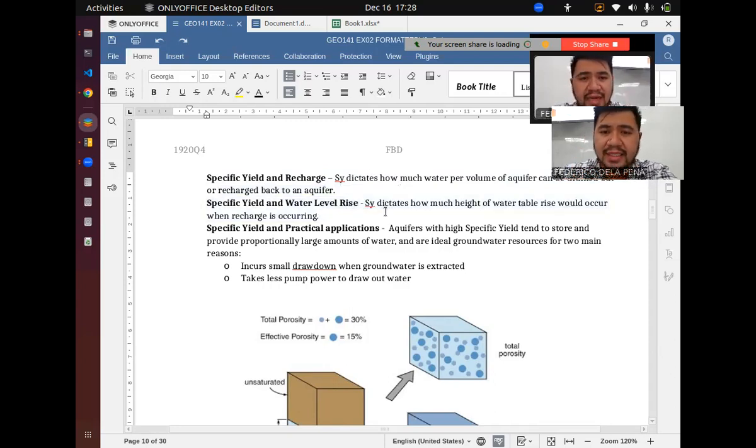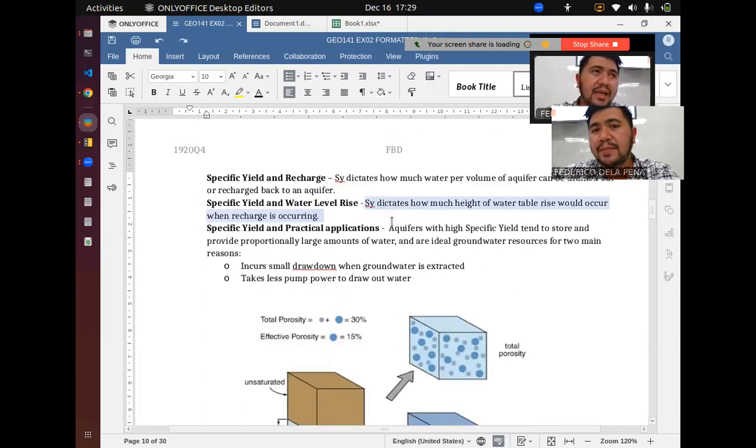In terms of water level rise, when you have a high specific yield, the tendency is that you get less change in the water table height, because per unit volume of the aquifer you are getting a lot of water.